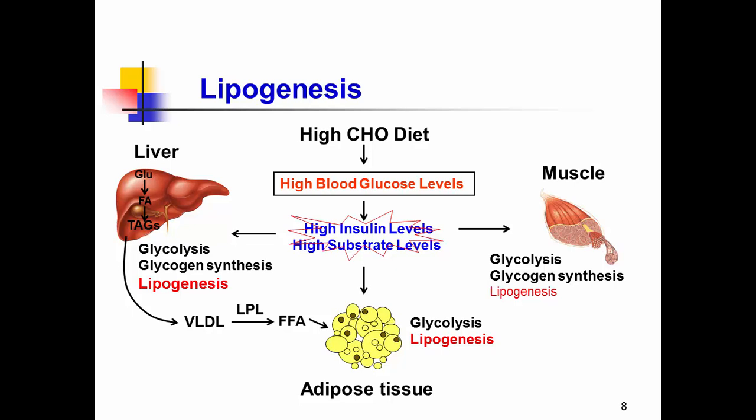Another process that also occurs in the liver is that fatty acids first need to be synthesized into triglyceride and packed into lipoproteins, which we're going to talk about later.